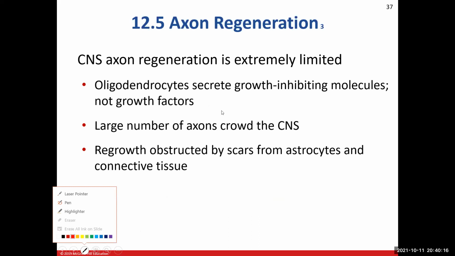Well, the oligodendrocytes secrete growth-inhibiting molecules. Inhibiting, not growth factors, but inhibiting molecules. So that prevents those axons from growing and obstructs that growth there.